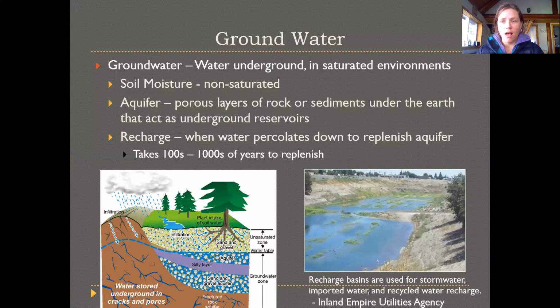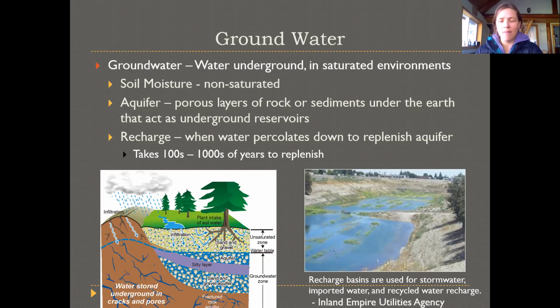There's a certain portion of the water that's in the soil that we call soil moisture, and that's the water that's bonded onto the surface of soil particles. And as we go further down into the soil, we'll hit what's called the water table.